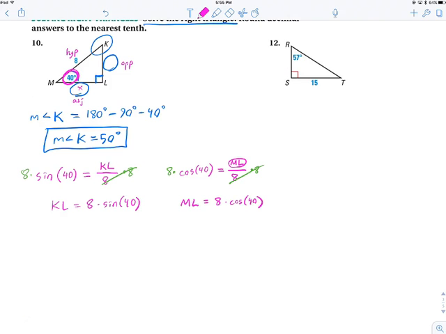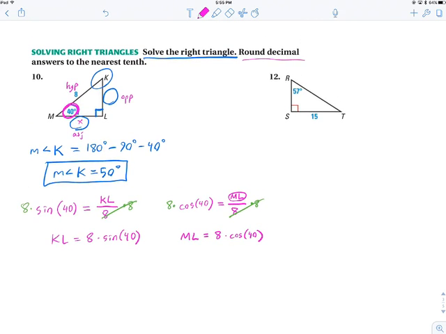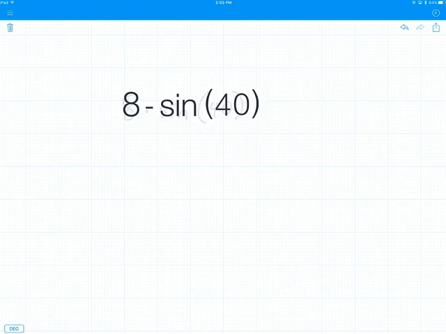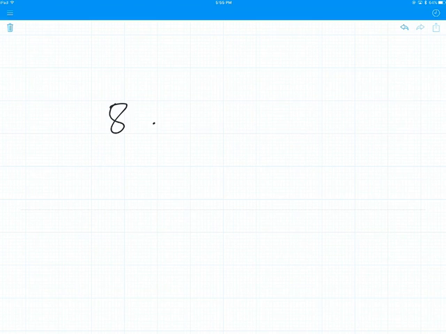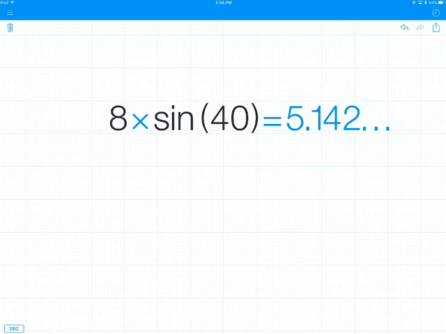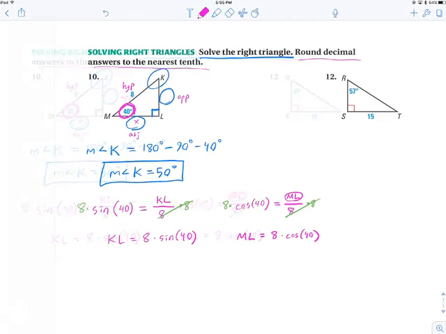So now, since up here it says round the decimal answers to the nearest tenth, I need to get an approximation for each of those. So let's do the sine of 40 degrees first. So that's 5.142.